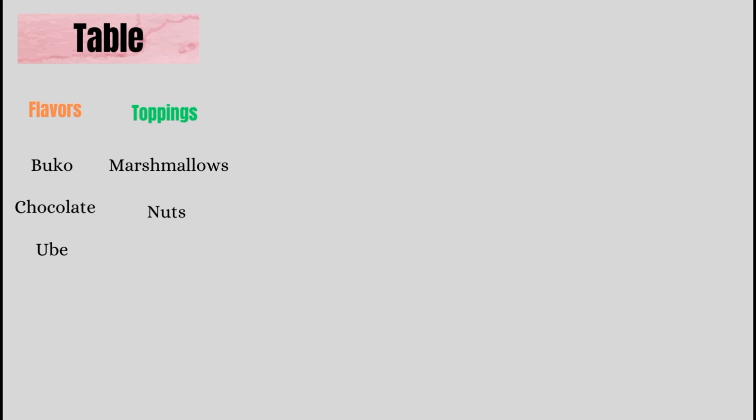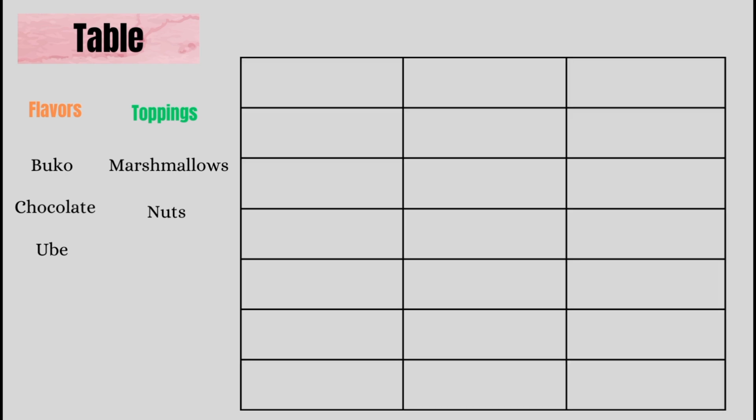Now, once done with identifying the objects, let's create a table. Here, we have a 3-column table. The first column will represent the number of possibilities. The second and third will represent the categories or groups of the objects.